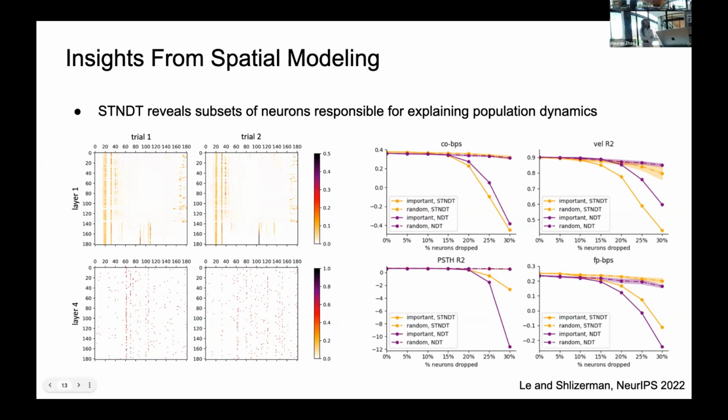We see that the STNDT model has revealed a subset of neurons, which are the bright columns here, that are mainly responsible for driving the dynamics of the whole population. And if we drop out these important neurons, then we can see a significant reduction in model performance compared to if we keep everyone in the same population.